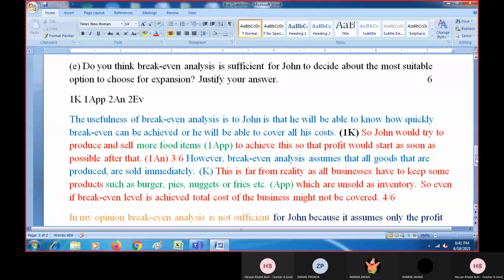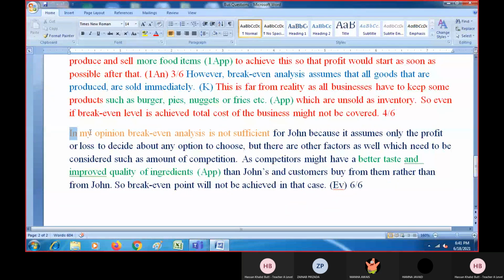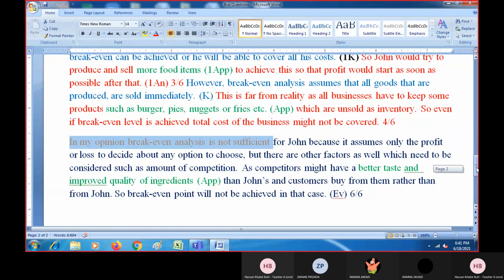So what I wrote, in my opinion, is that break-even analysis is not sufficient, right? And then I gave the logic behind it, the reasoning, okay? That is why I am not supporting break-even analysis. But you can go the other side as well, no problem at all.